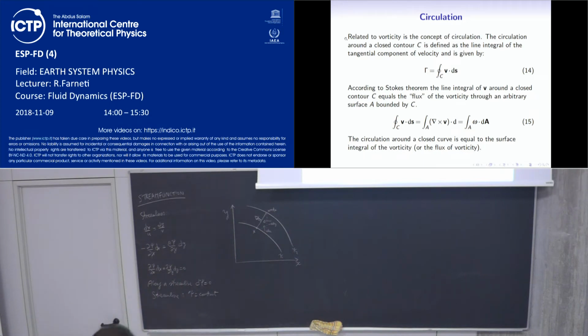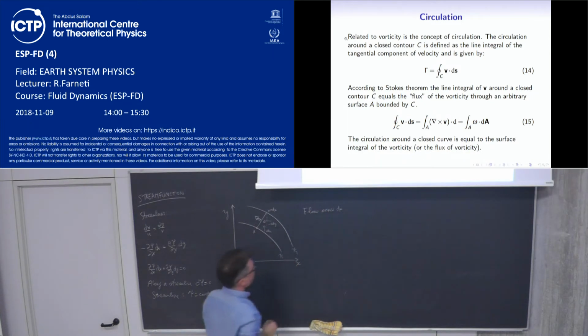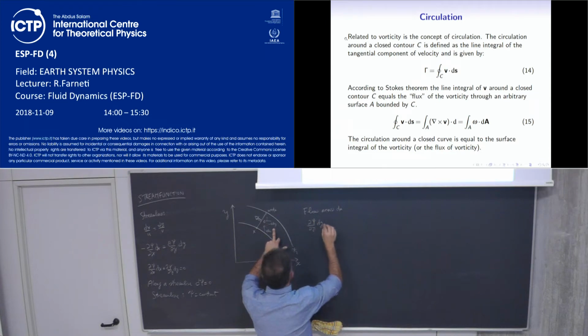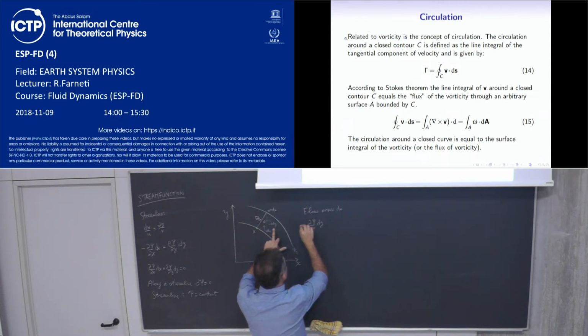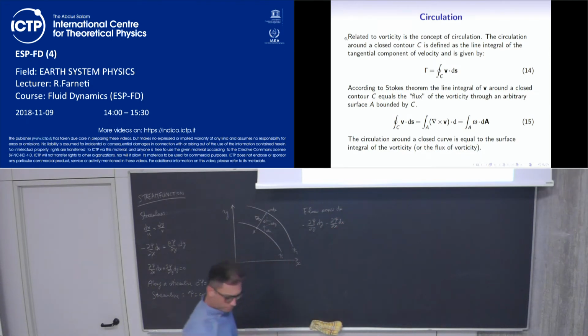Okay, so I want to compute the flux there. So the flow across this interval dx is going to be minus u dy, but u is partial psi over partial y, plus v, which is minus partial psi over partial x, dx.